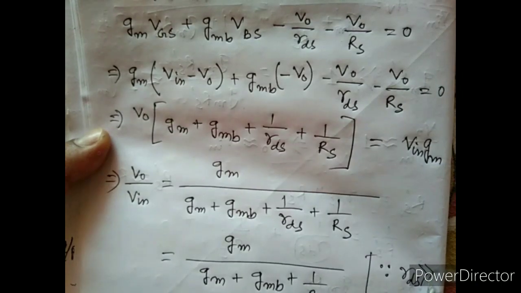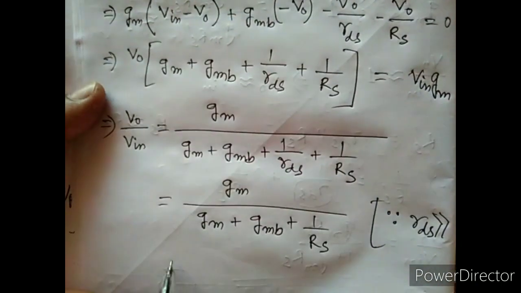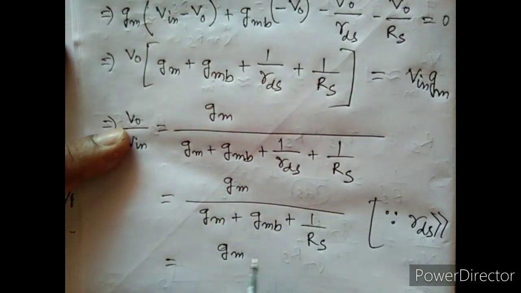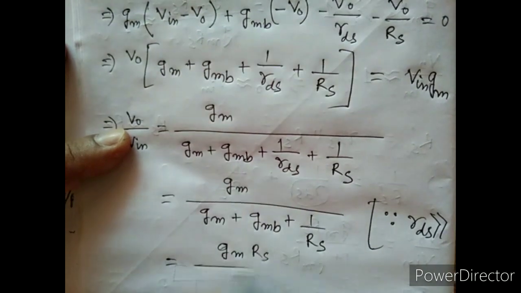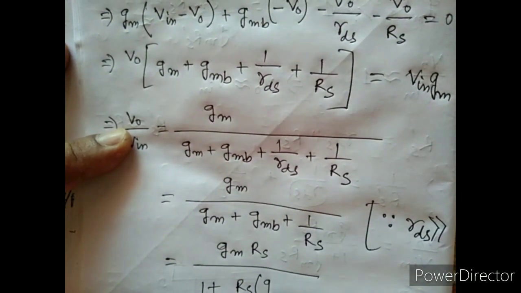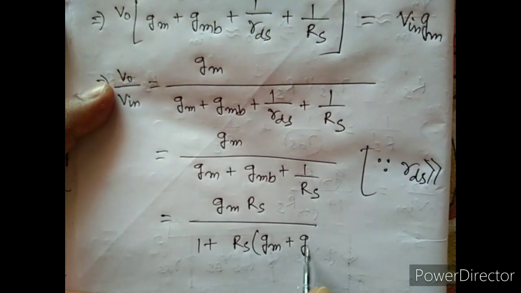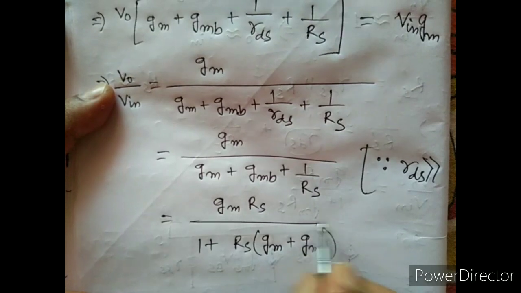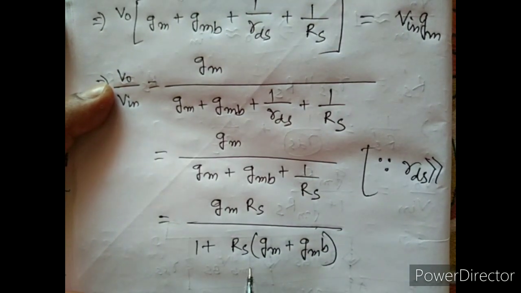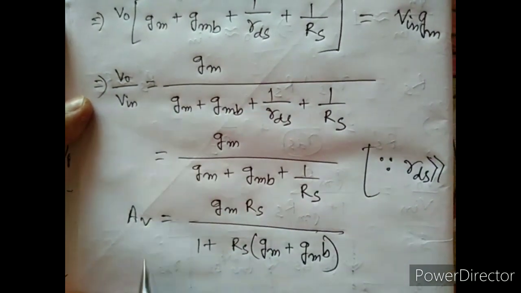So finally we can write gm RS by 1 plus RS into gm plus gmb. Finally we can write gm RS by 1 plus gm RS, that's the voltage gain.